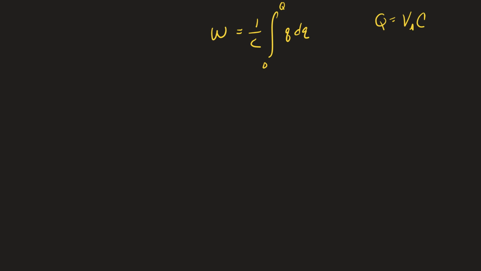Because we've kind of done this one before. So this will be 1 over C times 1/2 Q squared, evaluated from 0 to Q. So the work done in charging our capacitor is going to be 1/2 Q squared over C.